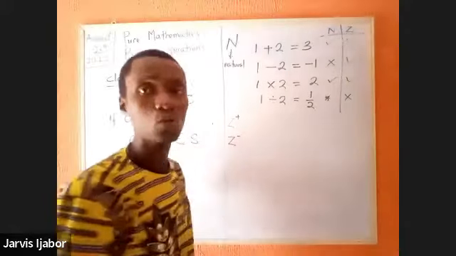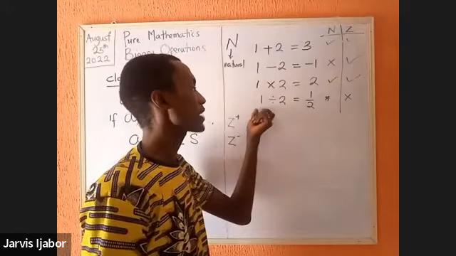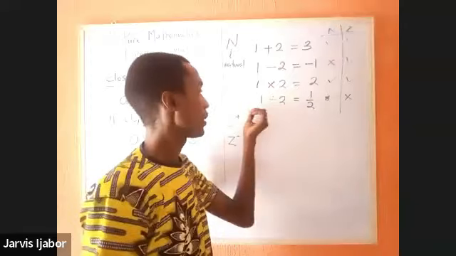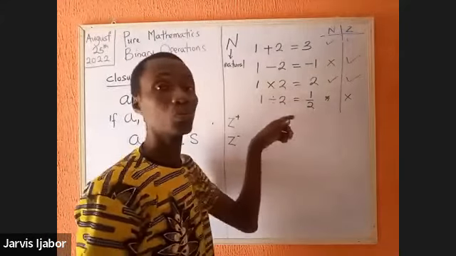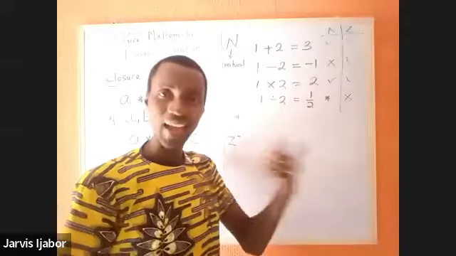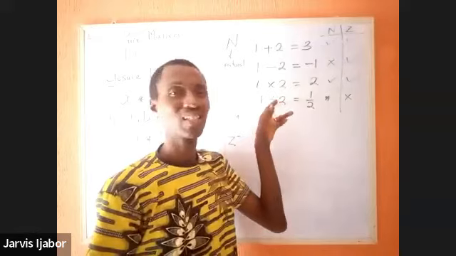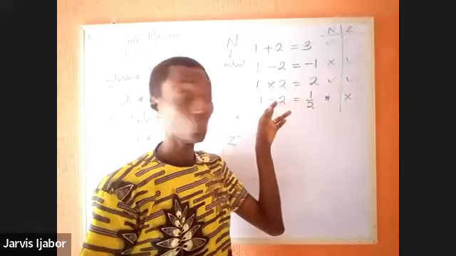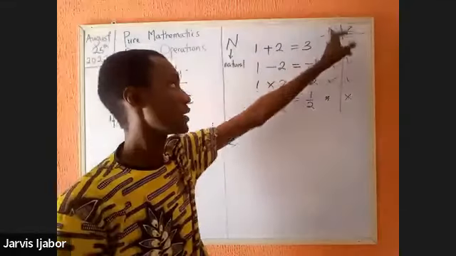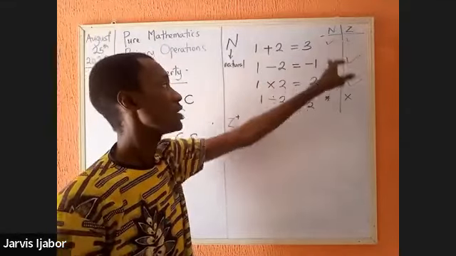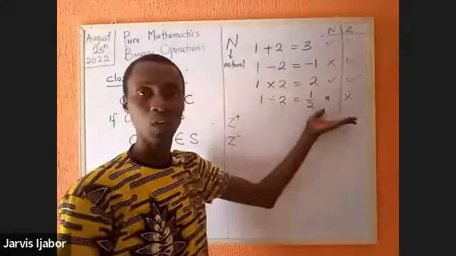So in describing closure property, the set of numbers, let's say 1 and 2, the elements in that description will not be closed under the operation division if I'm dealing with integers. But if I'm dealing with natural numbers, I only have addition and multiplication as being closed. So that's what it means to talk about closure property.